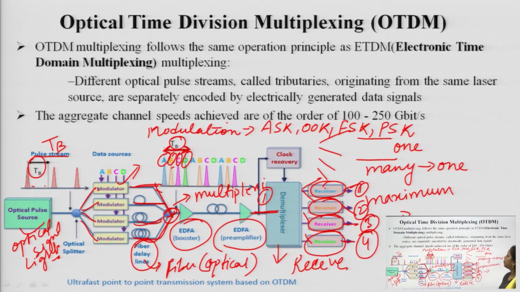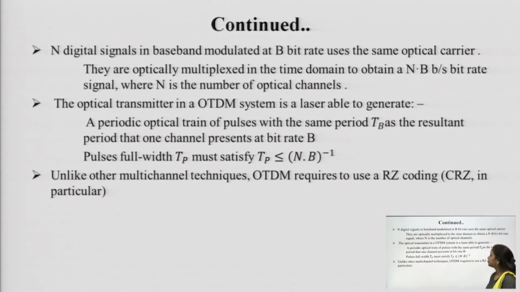OTDM multiplexing follows the same operation as ETDM, which we are going to discuss in the next slide. Different optical pulse streams, called tributaries, originate from the same laser. The aggregate channel speeds achieved are of the order of 100 to 250 gigabit per second.